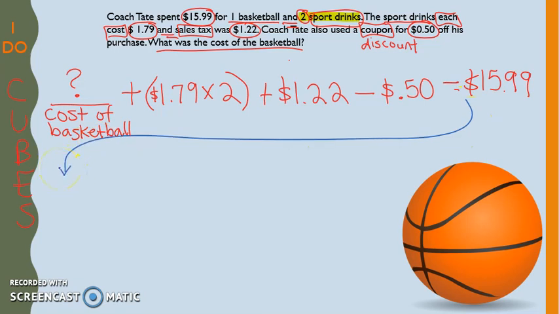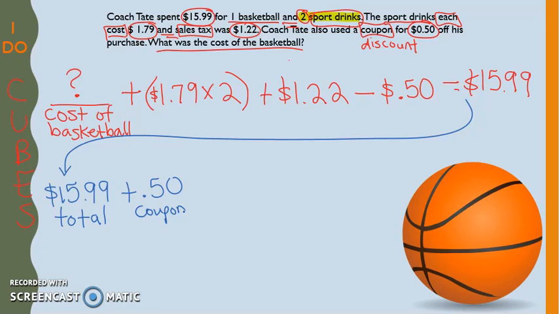Now this is where the work backwards strategy comes in. You can kind of think of it as like a little flow map. If we're going to work backwards, we're actually going to start with our total of $15.99. $15.99 is the total cost. And if we're working backwards, now we're not going to be subtracting the coupon. We're actually going to be adding the coupon of 50 cents because he would have paid more without the coupon.